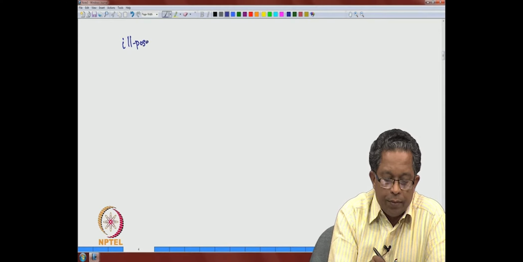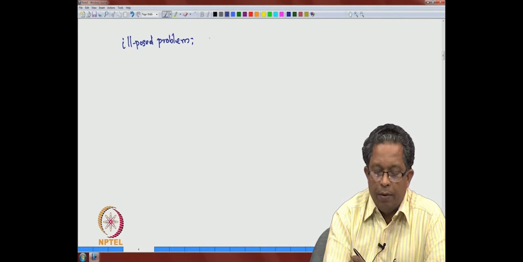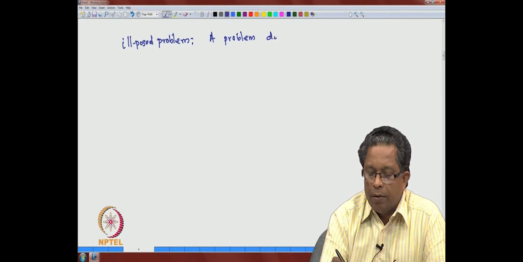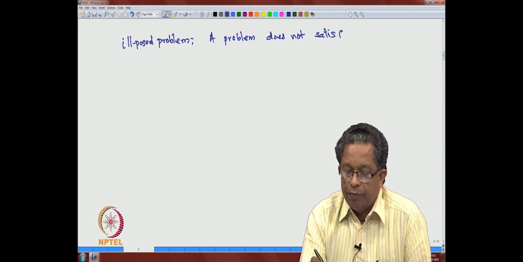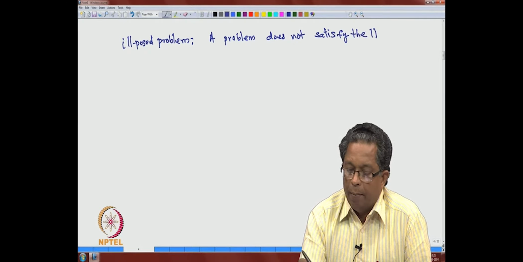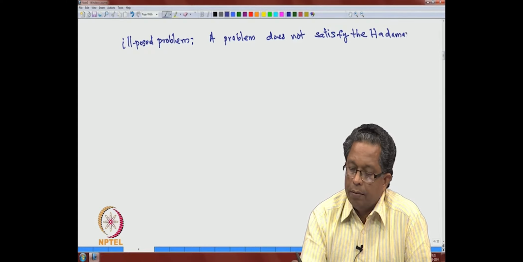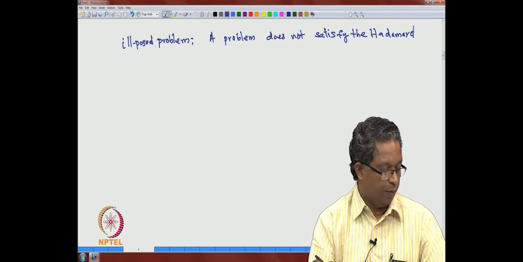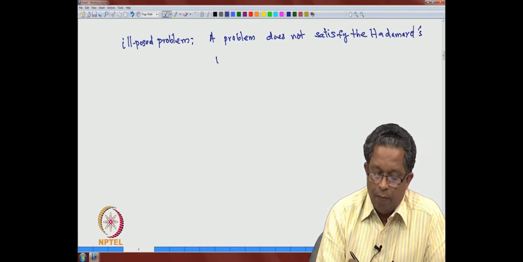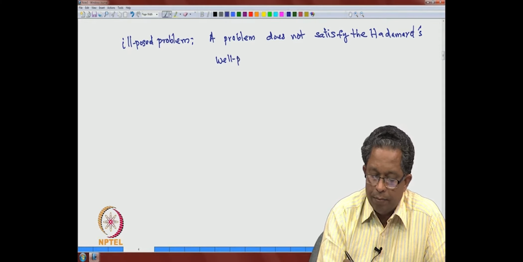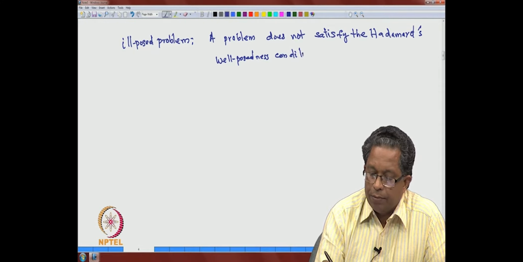An ill-posed problem is a problem that does not satisfy the Hadamard well-posedness conditions.